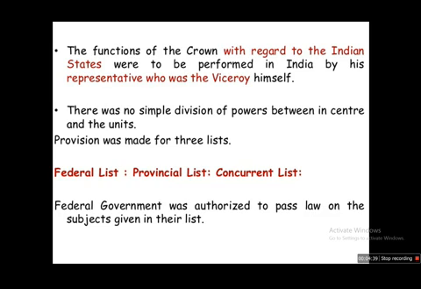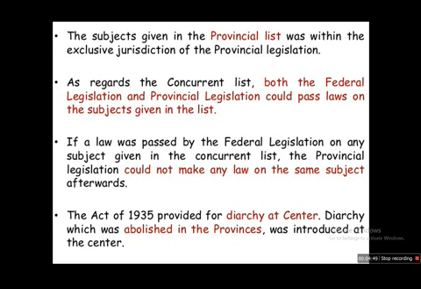concurrent list. The federal government was authorized to pass laws on the subjects given in its list. The subjects given in the provincial list were within the exclusive jurisdiction of the provincial legislature.